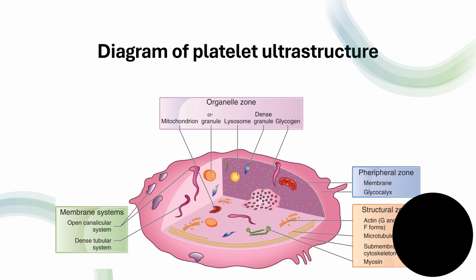Then the lysosomes contain enzymes that help in clot remodeling. The membranous zone includes the open canalicular system, which increases the platelet surface area for secretion, and the dense tubular system, a calcium reservoir that activates platelets and granule release.